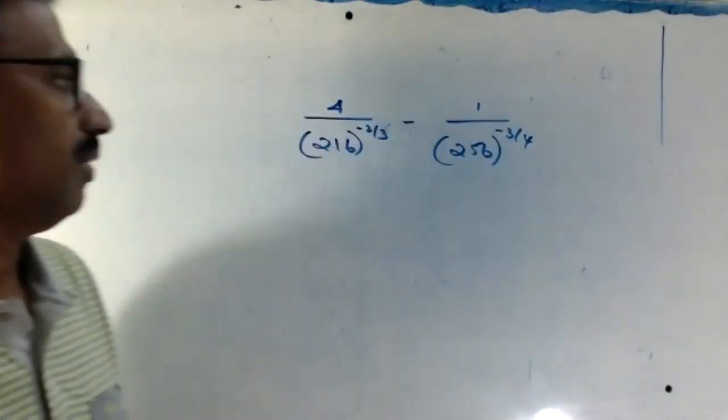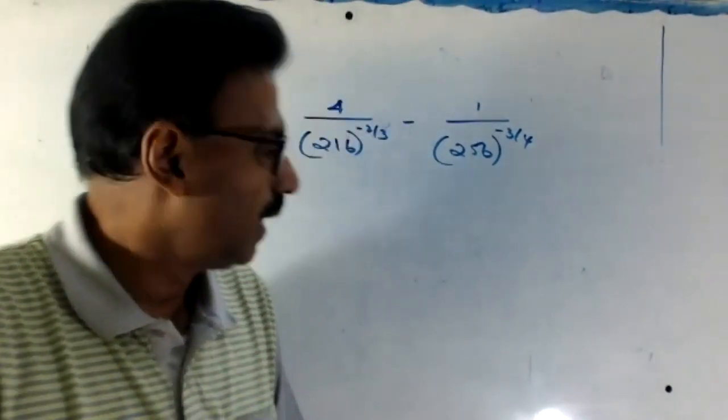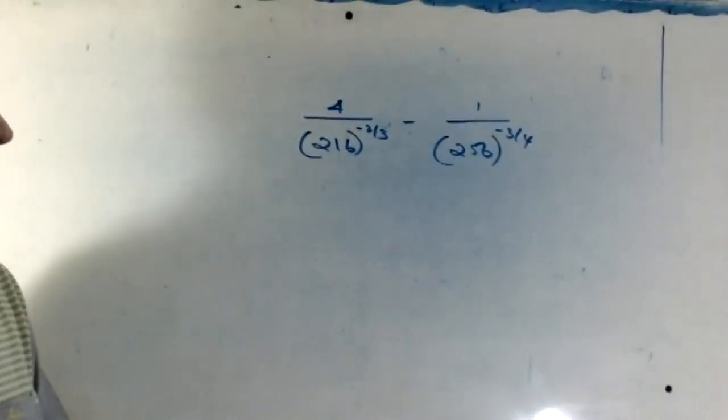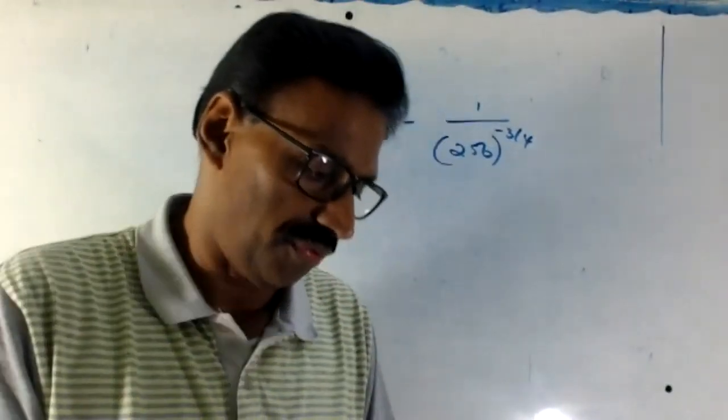Now look here, try this one: 4 divided by 216 raised to minus 2 by 3, minus 1 by 256 raised to minus 3 by 4.